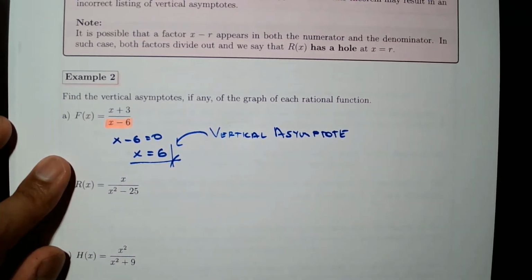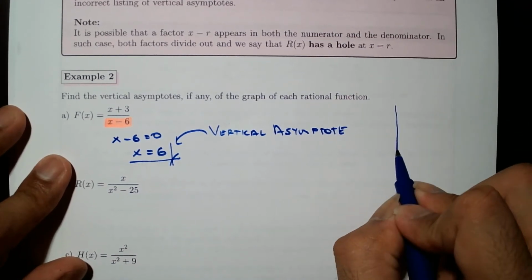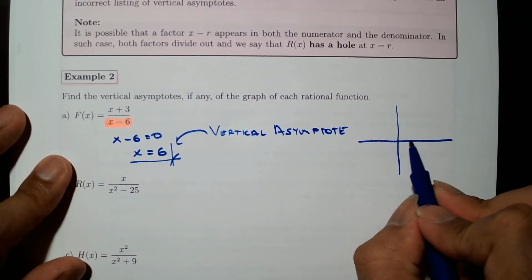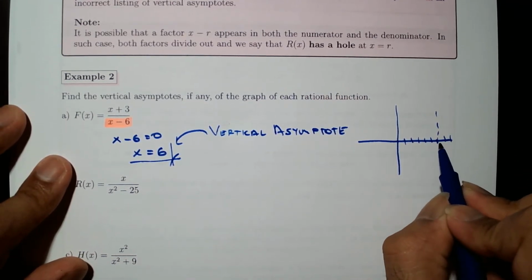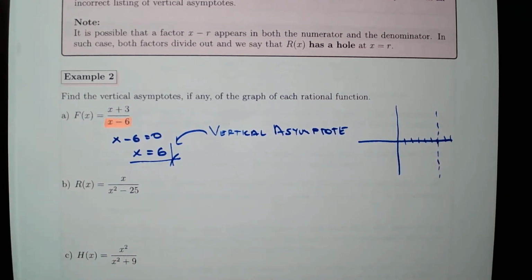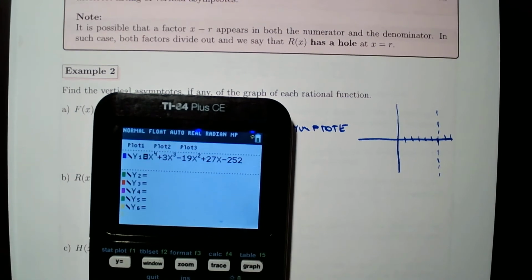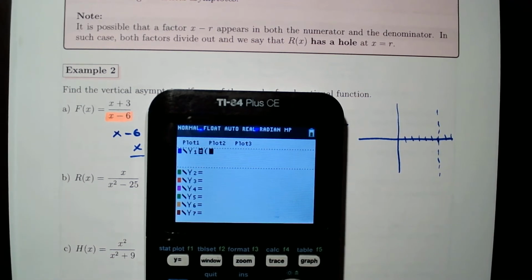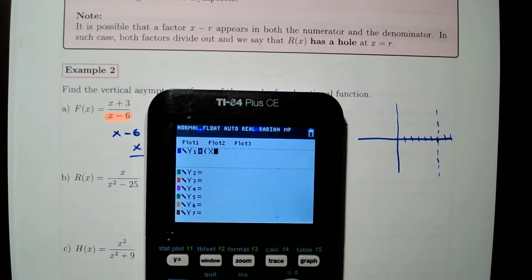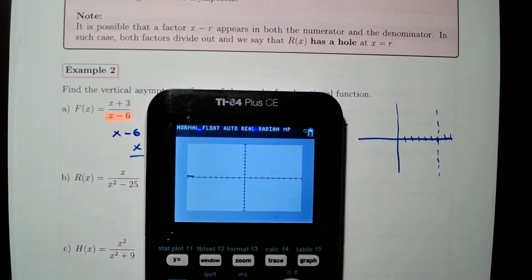What is a vertical asymptote, by the way? When we graph this, at x equals 6, we count 1, 2, 3, 4, 5, 6, 7, 8, it's going to have this dashed line. Calculators are not going to show you those asymptotes, so let me give you an example using the graphing calculator: x plus 3 over x minus 6. Be sure to open parentheses, x plus 3, close parentheses, divide, open parentheses, x minus 6, close parentheses, and graph.